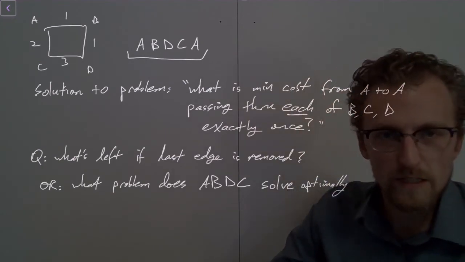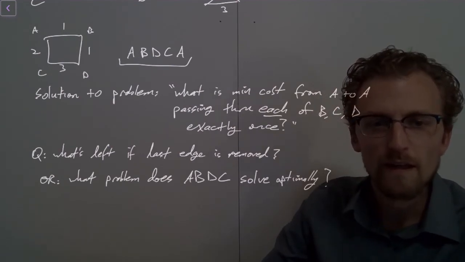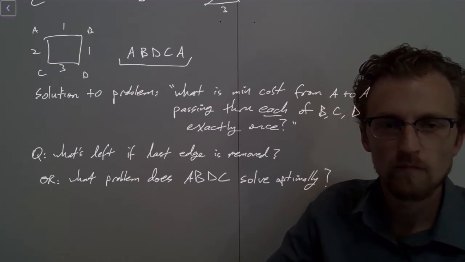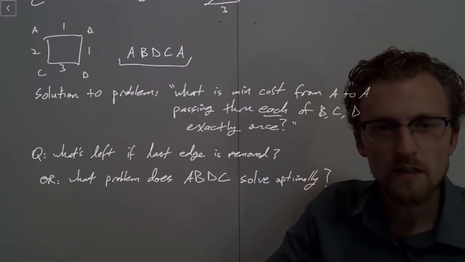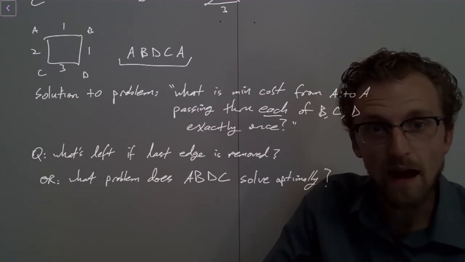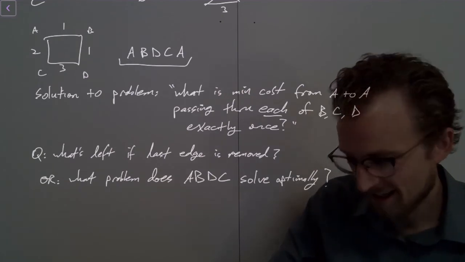Running out of space for my face here. So what problem does A, B, D, C solve optimally? So to understand this, it might be useful to write down A, B, D, C as a path and actually explore it. Like what is this doing well is the question.